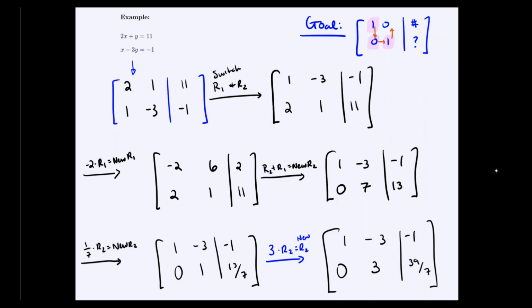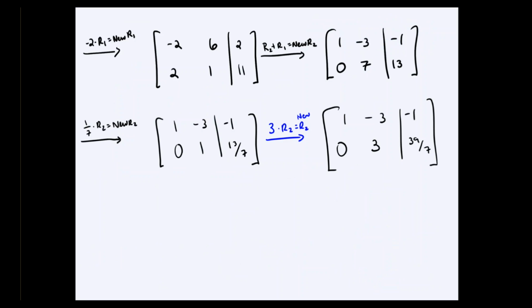And now our goal will be to add the two rows together, because when we do so, this is going to cancel the first row second column and we'll get the 0 in its place like we were looking for. So we just write out that instruction, let's take row 1 plus row 2, that's the new row 1, and after that we'll revert back to our original row 2.